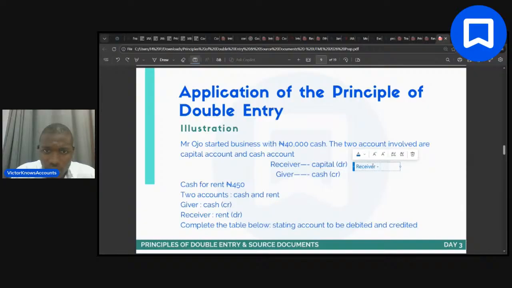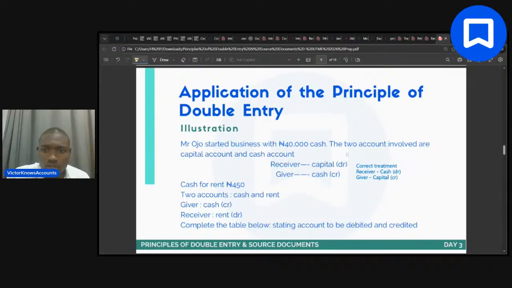I hope you can see it. The receiver is cash, the giver is capital. So you are crediting the giver while you are debiting the receiver. This is the correct treatment.